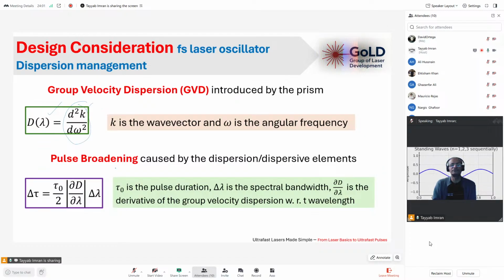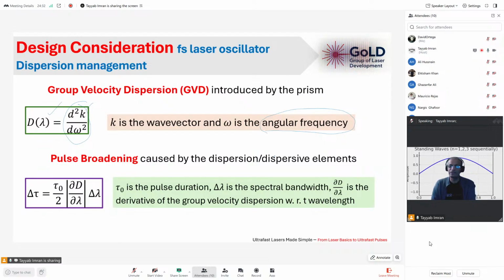And here, this is a wave vector, and omega is angular frequency here. Okay. So group velocity dispersion, when light is moving through any dispersive medium, then definitely this effect happens.